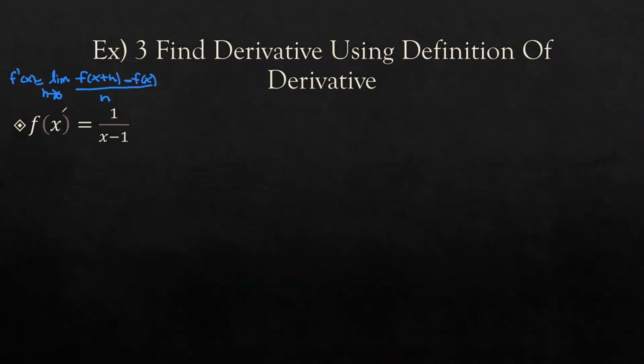What do we really need? We need f of x plus h, so let's find that out. Here's our function. All you have to do is replace x with x plus h. So it's 1 over x plus h minus 1.